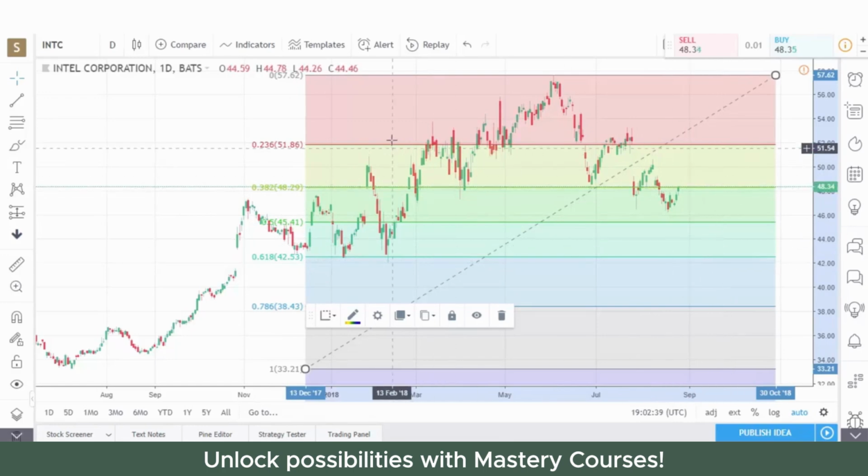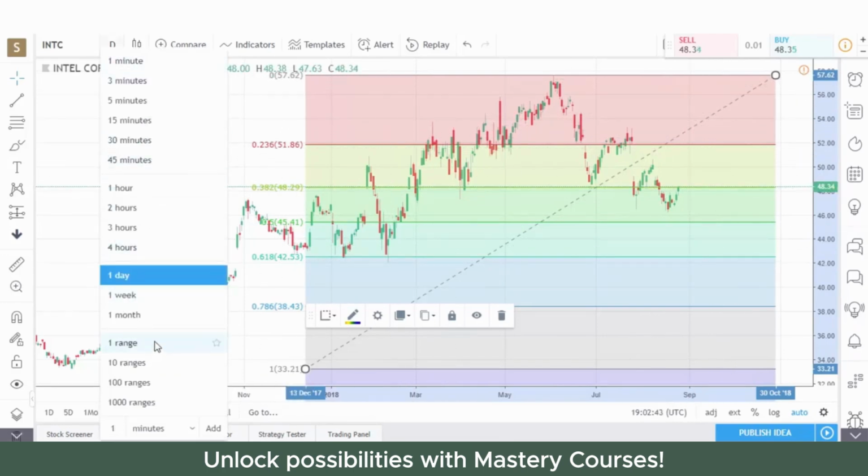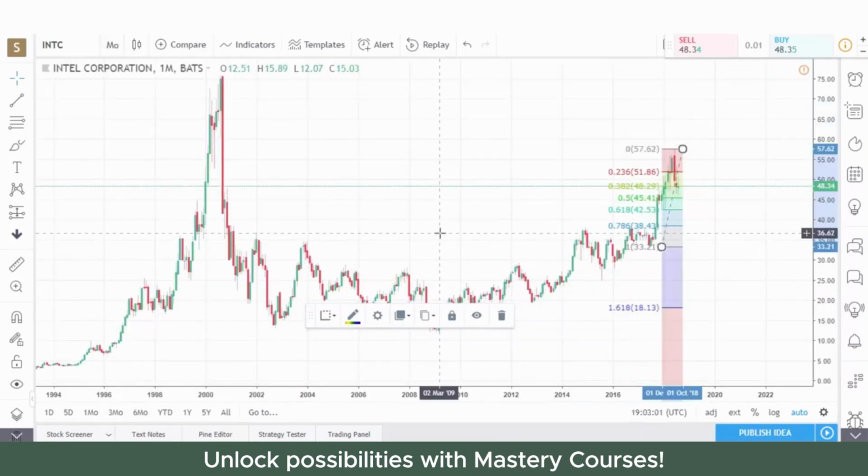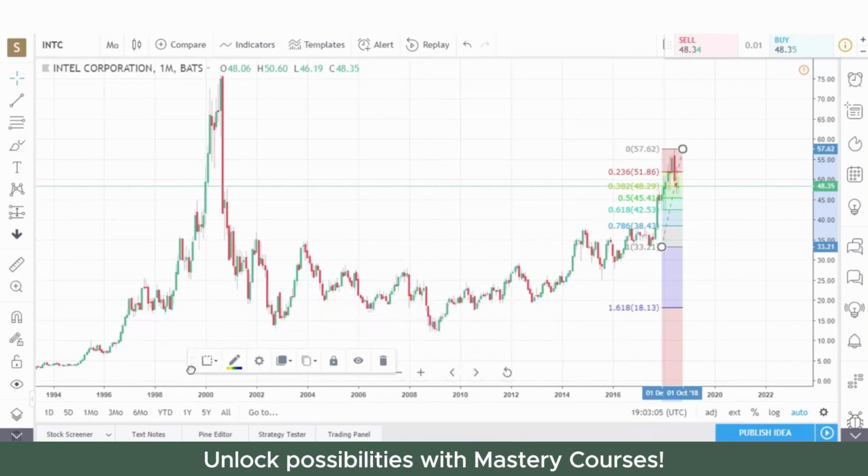So now let's take this same chart and go to a monthly range. What we're going to do is place our Fibonacci extensions on this chart as well. So we're going to take the low, January of '09.